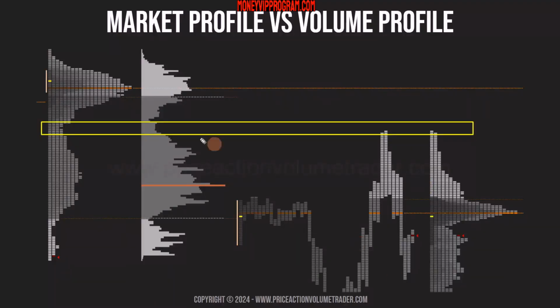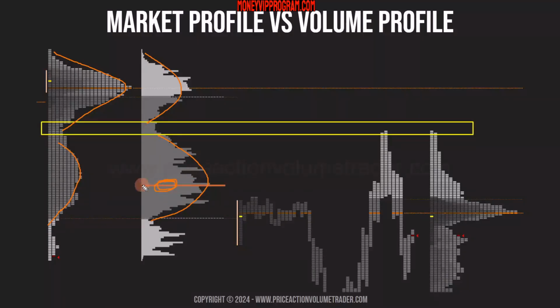Similarly here, the market opened, and we accumulated a lot of time here. You can see less volumes because this is the futures market, so the extended trading hours don't have that much volume. Then we accumulated a lot more down here during regular market hours.